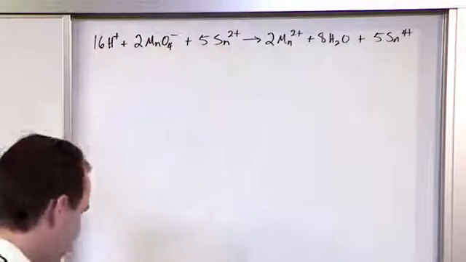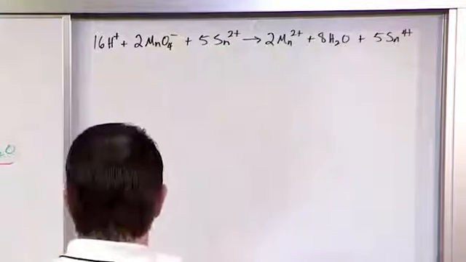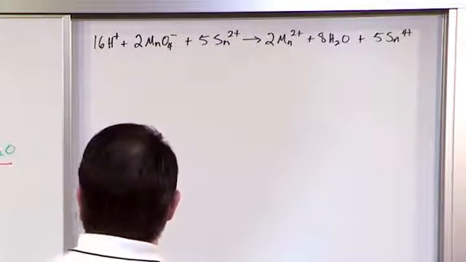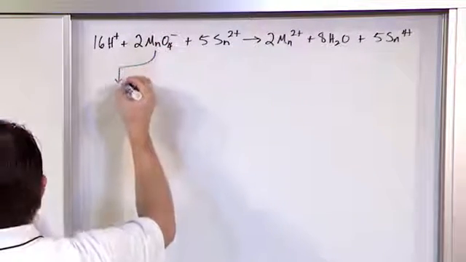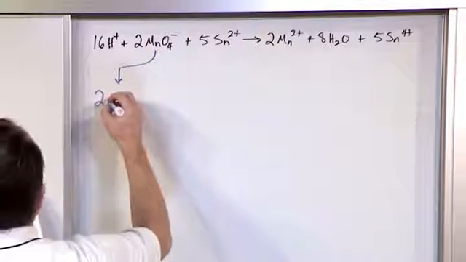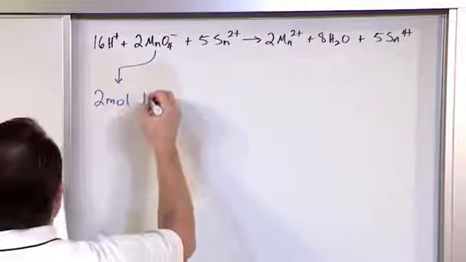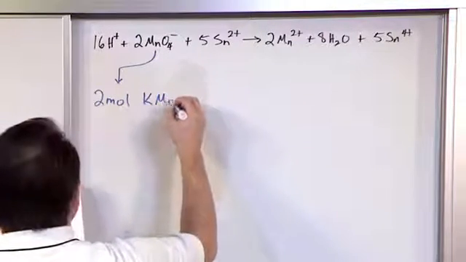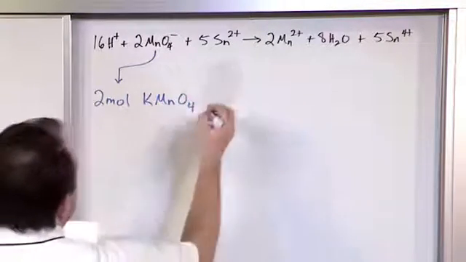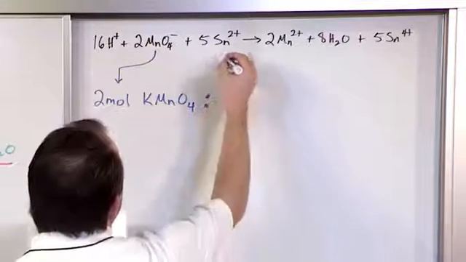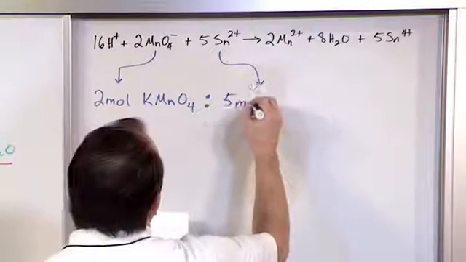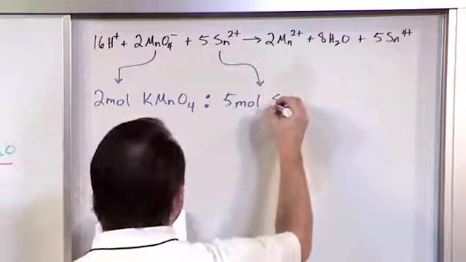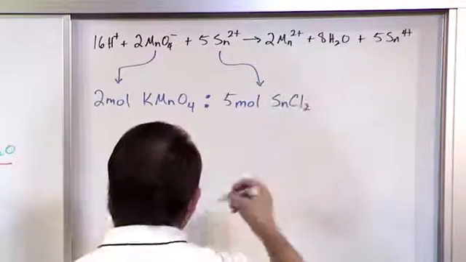So what's really going on here is this guy is really 2 moles of potassium permanganate reacting with the ratio of this guy, which is 5 moles of SnCl2. Make sure you understand that.